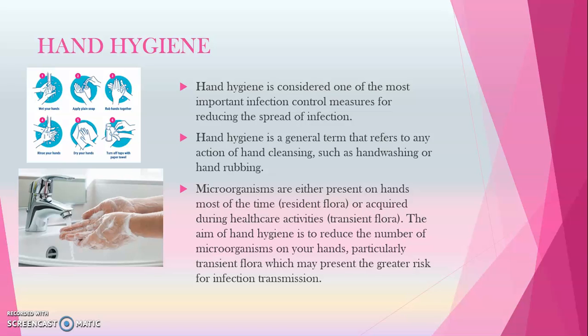Microorganisms are either present on hands most of the time, which is resident flora, or acquired during healthcare activities, which is transient flora. The aim of hand hygiene is to reduce the number of microorganisms on your hand, particularly transient flora which may present the greater risk for infection transmission.